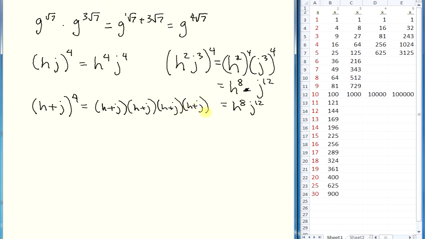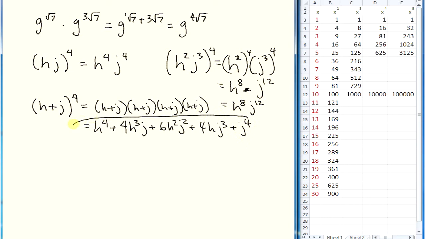And what your real answer would end up being is h to the 4th plus 4h cubed j plus 6h squared j squared plus 4hj cubed plus j to the 4th, which would look nothing like what a lot of students would say. They would like to say it simply was h to the 4th plus j to the 4th. These two aren't even close, and that is just bad.